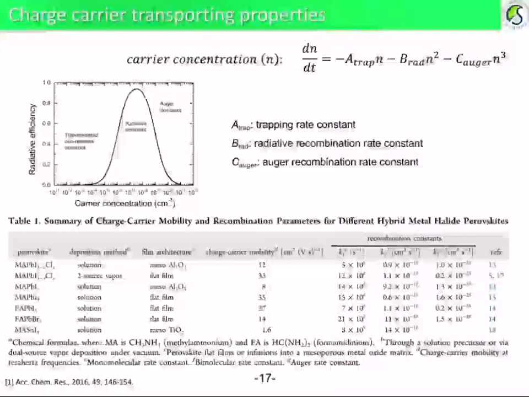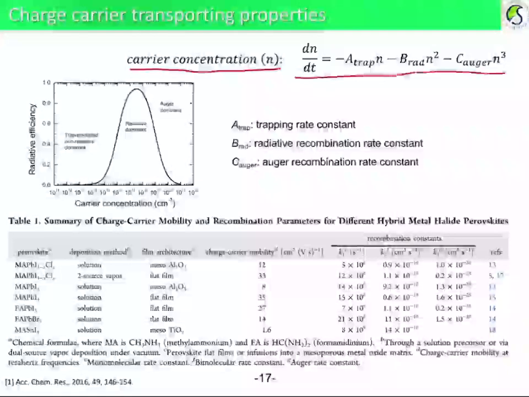And based on the photophysical measurement, the charge carrier dynamics was also studied. The charge carrier concentration follows this equation, where the constant A is related to the trapping of the charge, the constant B is the constant for radiative recombination, and the constant C is the Auger recombination.